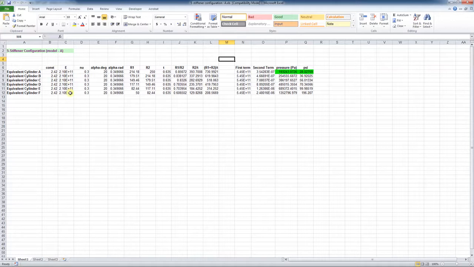And taking the modulus of elasticity, Poisson's ratio, the angle, R1 and R2, and the thickness, and all these different terms, and with the correction term thrown in, this is the pascals of pressure and the psi of pressure that we get out of this.